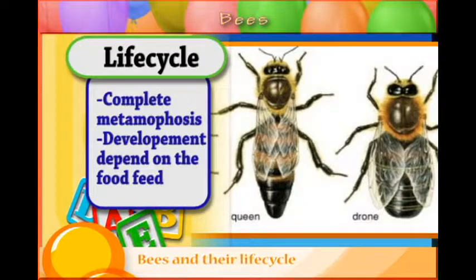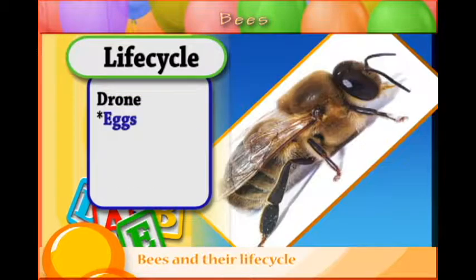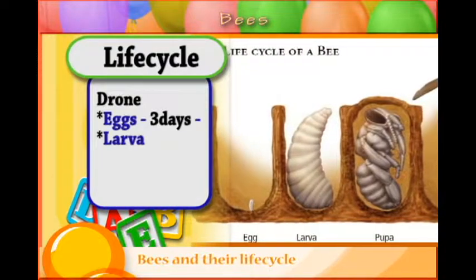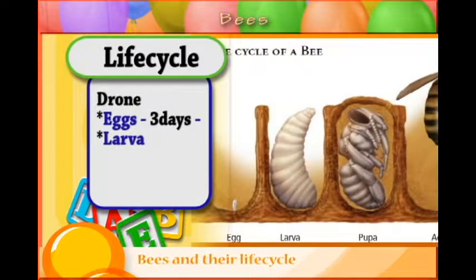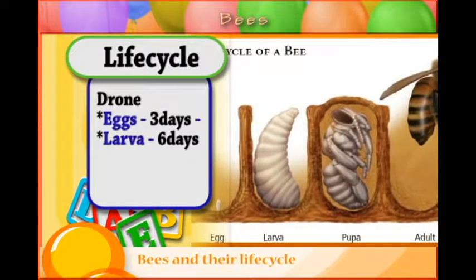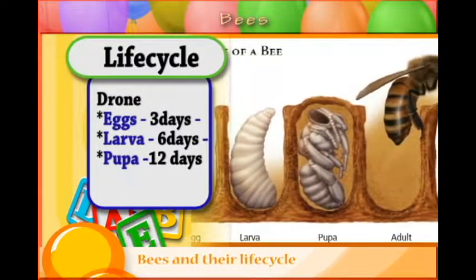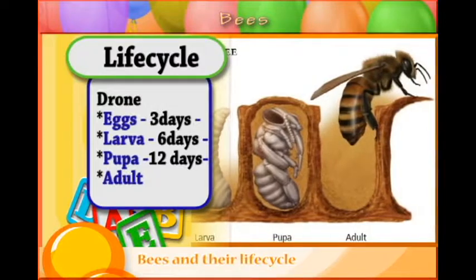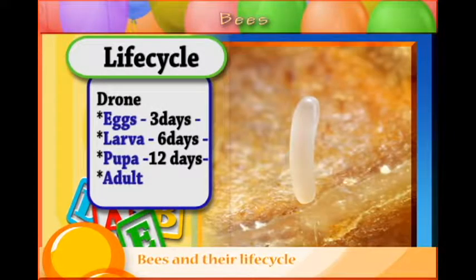Now, when we start with the drones, when the eggs are laid, after 3 days they hatch into a larva. After 6 days the larva changes into a pupa, and then the pupa takes 12 days to turn into an adult.